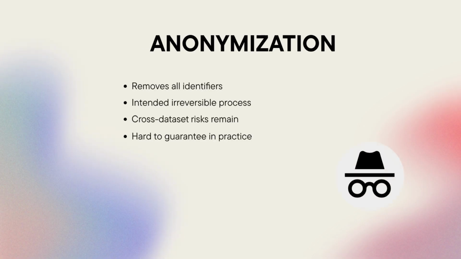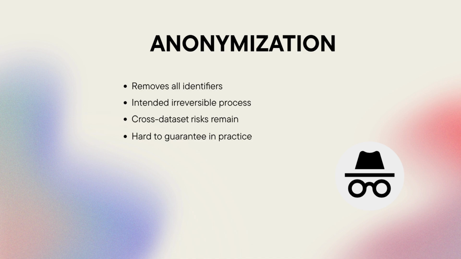So, anonymization means removing or transforming identifiers so individuals cannot be linked back to the data. In theory, this should be irreversible. In practice, complete anonymization is hard to guarantee. For example, Netflix released anonymized movie ratings for research, but investigators cross-referenced them with IMDb reviews and re-identified specific people.